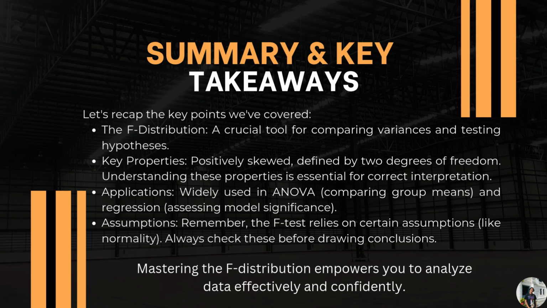Third is interpretation. A higher F value indicates significant difference between groups. Fourth is assumptions. Always check normality and equal variances to ensure valid results. Fifth is advanced methods. Robust alternatives and extensions like MANOVA and Bayesian approaches can be used when assumptions are violated.